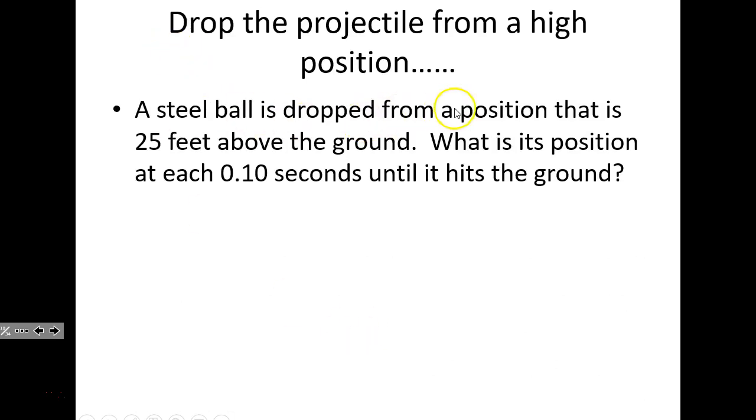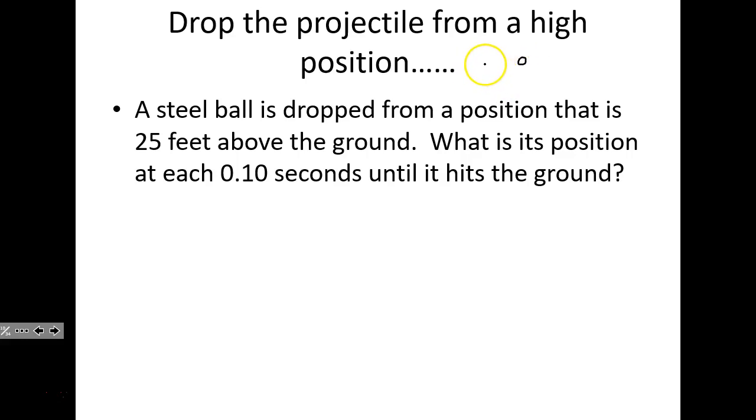So we have a steel ball that's dropped, we're going to drop first. A steel ball is dropped from a position that's 25 feet above the ground. What is its position at each 0.1 second interval until it hits the ground? Well, the first thing you're going to want to do is consider a free body diagram. Okay, so we sketch the ball. It's dropped.